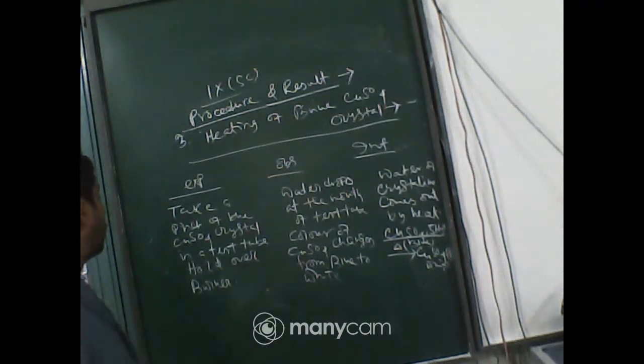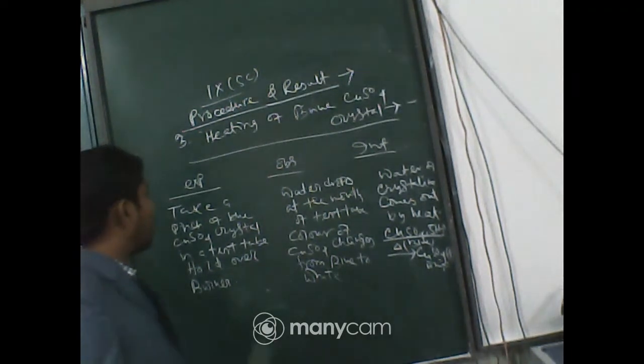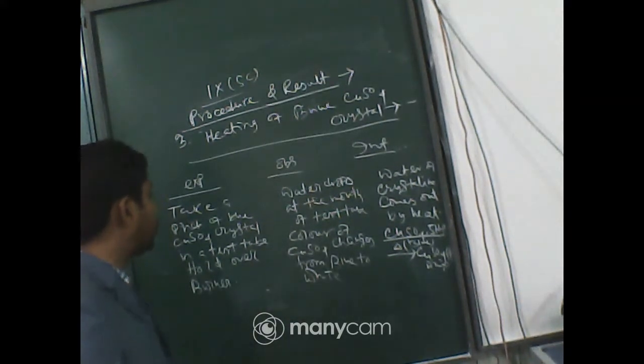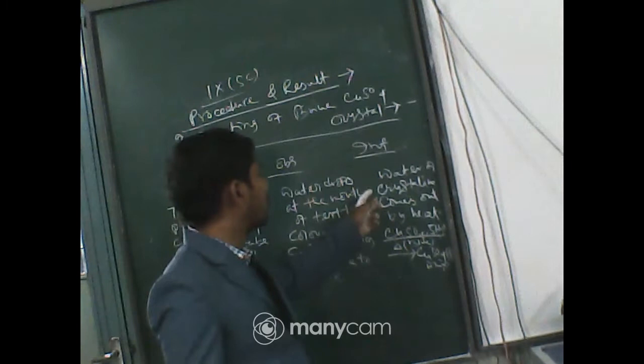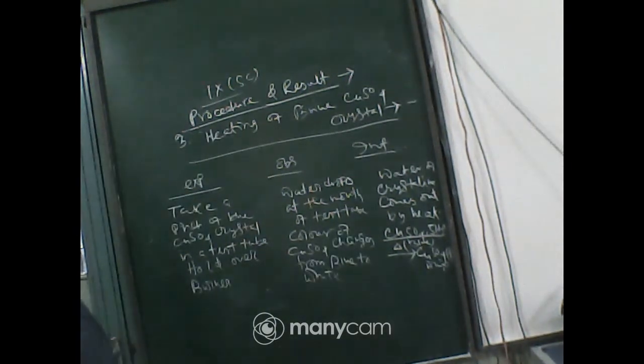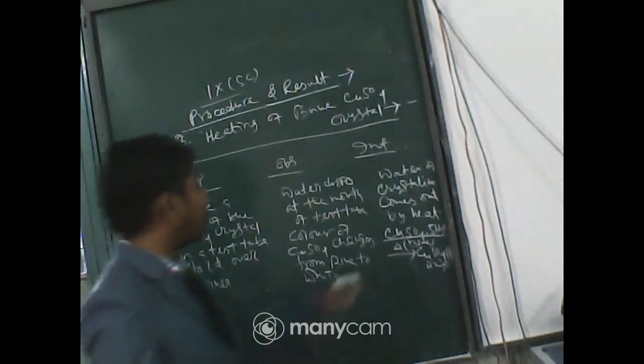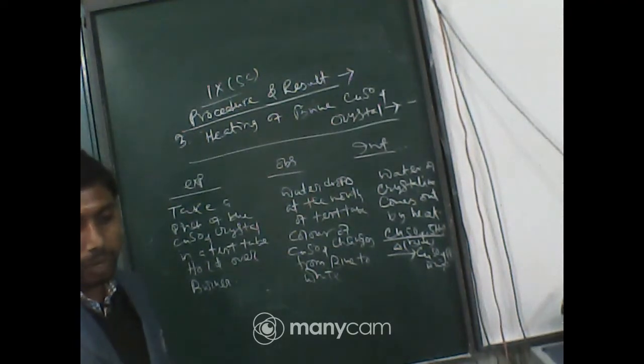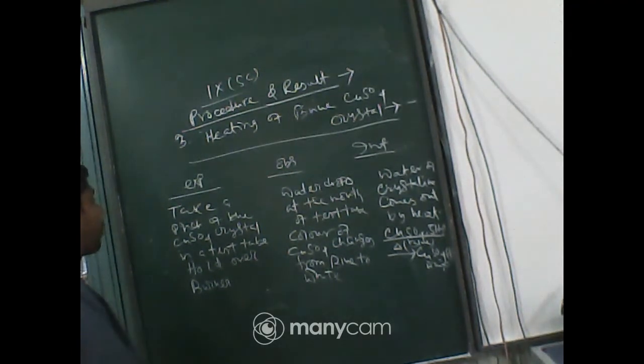Take a pinch of blue copper sulphate crystal in a test tube, hold over burner. Water drops at the mouth of the test tube, this is one, and color of copper sulphate changes from blue to white. Inference: water of crystallization comes out by heat, CuSO4, 5H2O, blue, heated gives copper sulphate anhydrous, which is white in color. Okay.